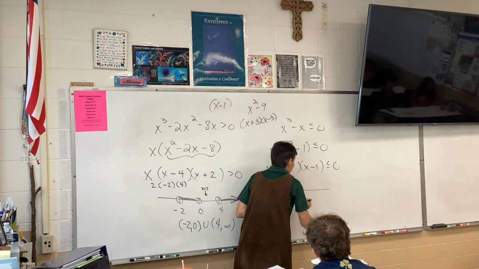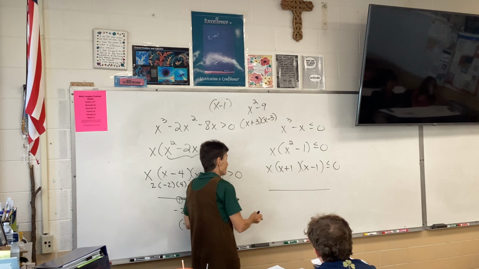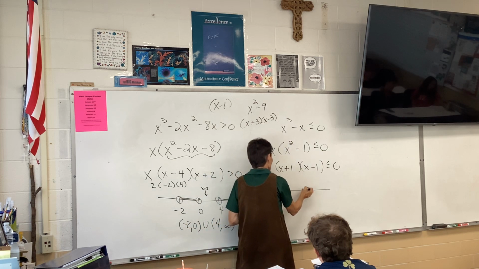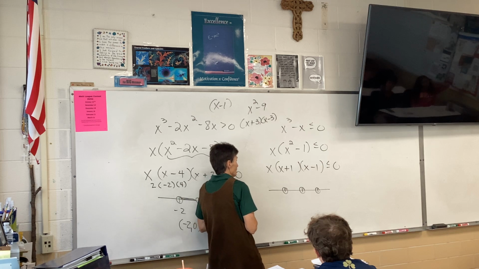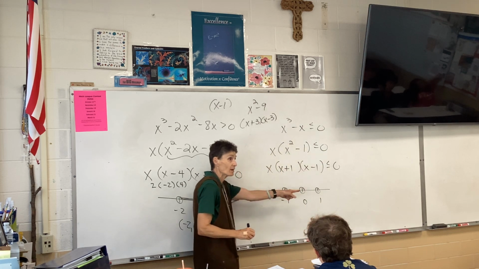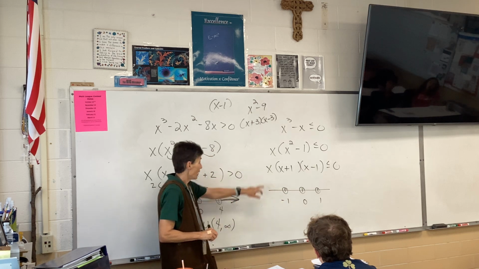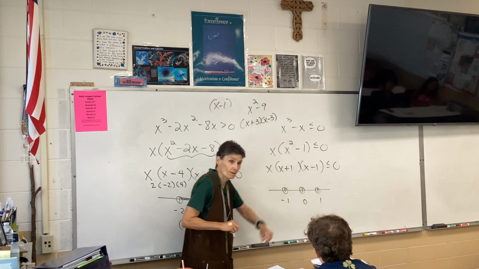So here's my number line. Where do my dots go? There's 3 of them. 3 x's, 3 dots. -1, 0, and 1, Cam says, in that order. I don't care what order the factors are in. On the number line, you gotta have your numbers in the right order.